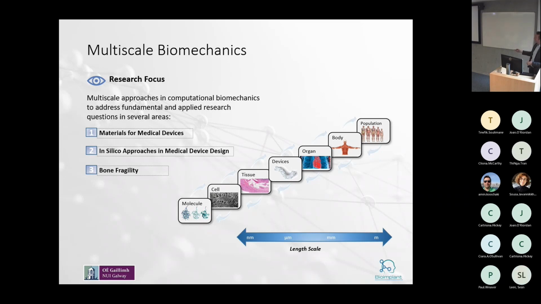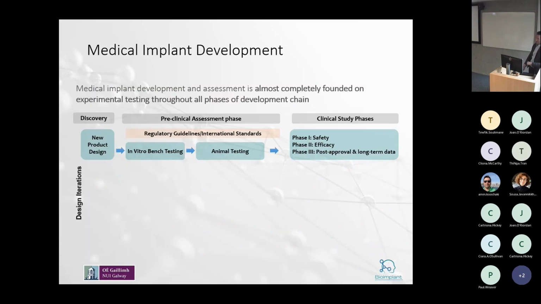And in between the tissue and organ scale, we work a lot in the area of medical devices, to try and understand the role of biomaterials and the design of medical devices, applying computational methods to better understand and better design medical devices for implant applications.